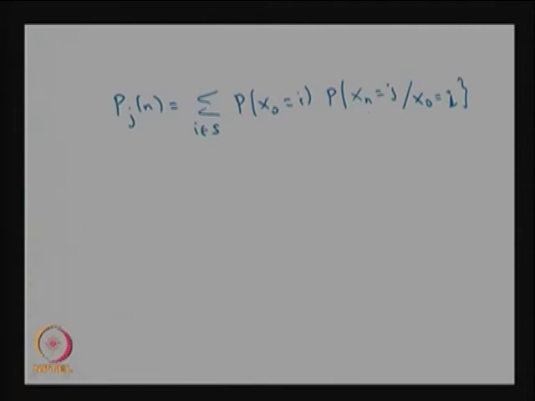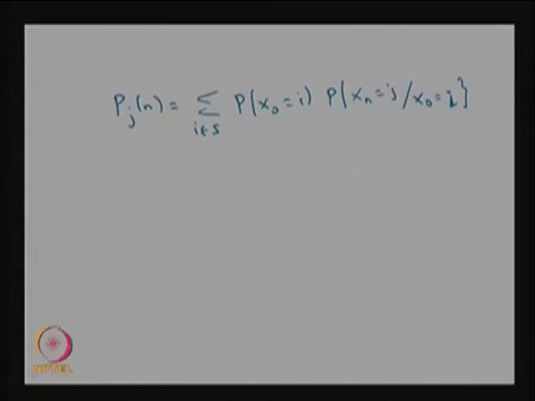It is a product of one marginal distribution and one conditional distribution, summed over all possible values of i, and this gives the distribution of X_n. To compute it, you need the n-step transition probability as well as the initial probability vector, the distribution of X_0.